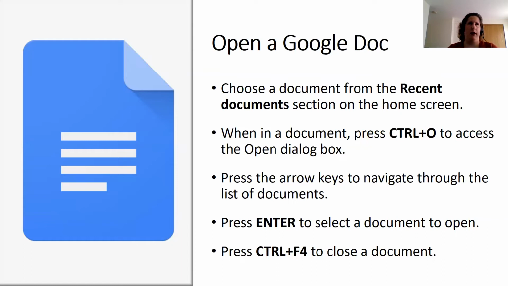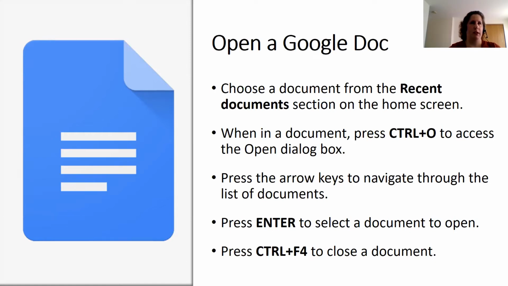So when you actually first open Google Docs, you have a list of recent documents. You can arrow through that list and press enter to open the desired document. I'm not going to do that right now, but that is one way of doing it. While you're in a document, you can press Control-O, just like you would in Word or other applications.